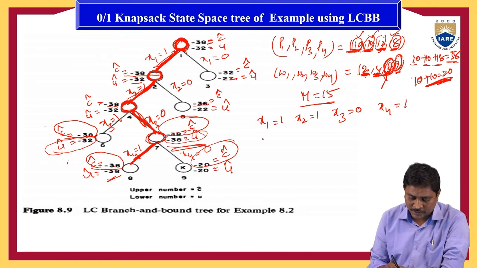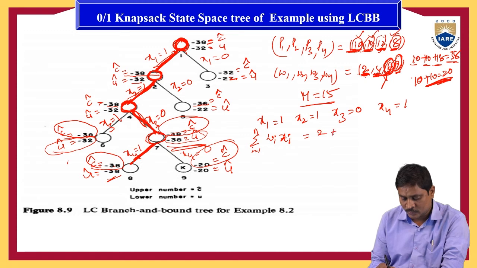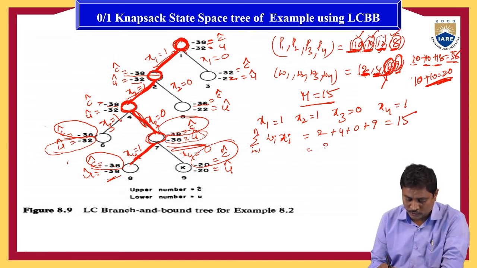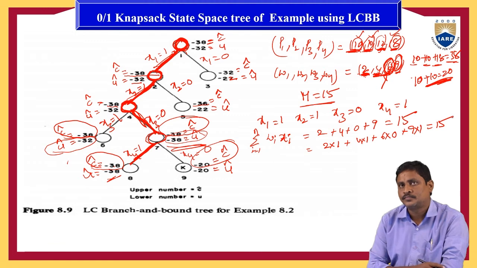And the corresponding weight value is the summation for i equal to 1 to n of wi xi, equal to 2 plus 4 plus 0 plus 9, 2 plus 4, 6, 6 plus 9, 15. We can also write it as 2 into x1 value 1, 4 into x2 value 1, 6 into x3 value 0, 9 into x4 value 1, total value is 15.